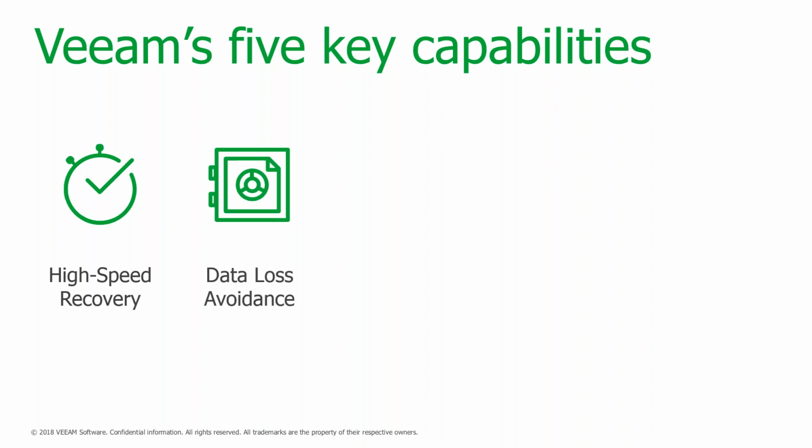Moving on to the second capability, data loss avoidance: things like backup from storage snapshots, remembering that Veeam Backup and Replication is 2-in-1 backup and replication, scale-out backup repositories, and of course end-to-end encryption.